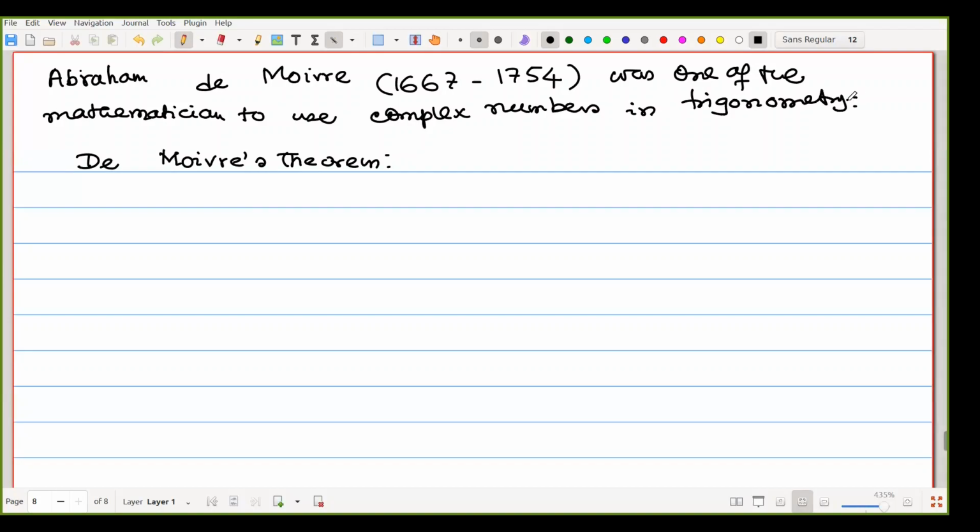And according to his name, that theorem has been defined as De Moivre's theorem.